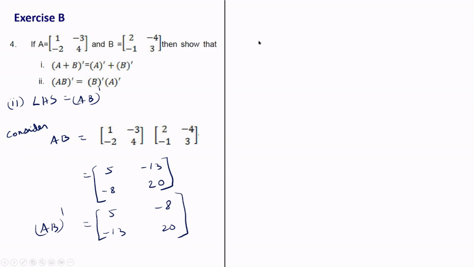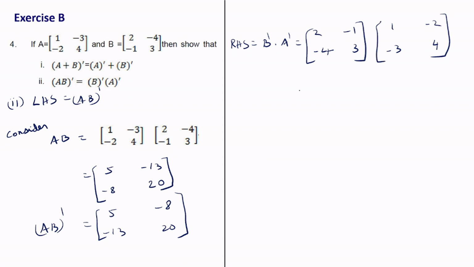Now let us find B transpose into A transpose. Right hand side is B transpose into A transpose. Here B transpose is, first row becomes the first column, second row becomes the second column, and A transpose is, first row becomes the first column, second row becomes the second column. So this is A transpose.